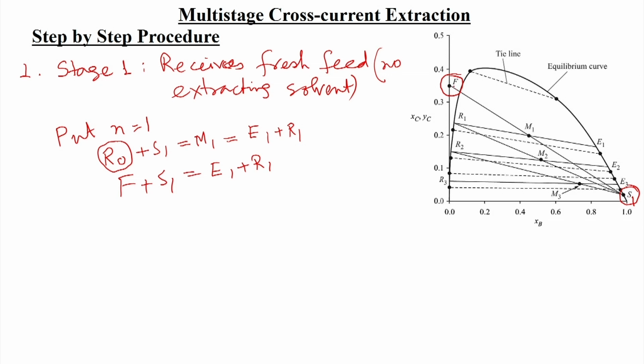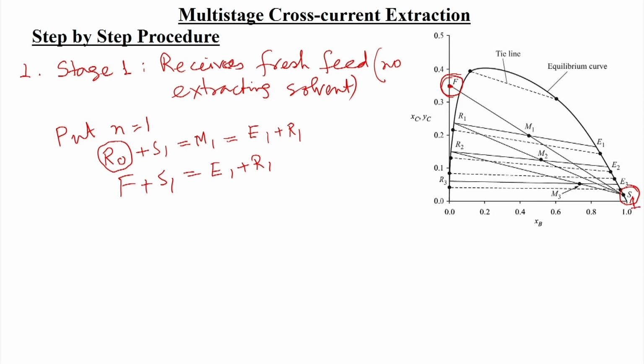So, we know the feed point location. It will be x b, that is why we told that no extracting solvent. So, x b is equal to 0, and suppose x f has some value. So, for this x f we have the feed point location, and S 1 also we know, what is the composition of S 1.